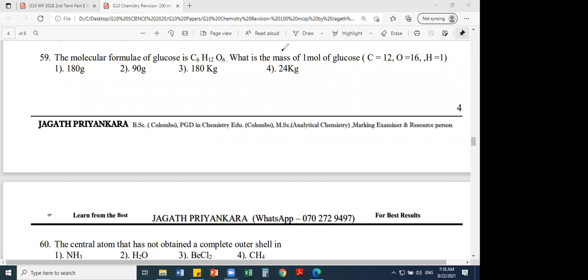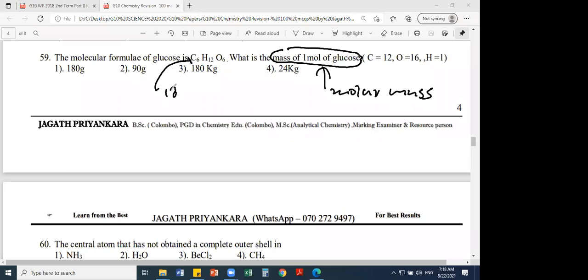So the mass of 1 mole of glucose means, in other words, they are asking for the molar mass. Molar mass means the mass of 1 mole. So for 1 mole of glucose, if you get the total here, you get 180 grams. 180 is the relative molecular mass, RMM. The molar mass, or the mass of 1 mole, will be the same value.